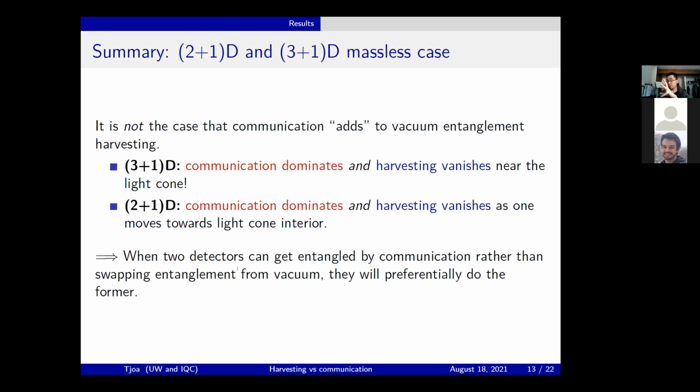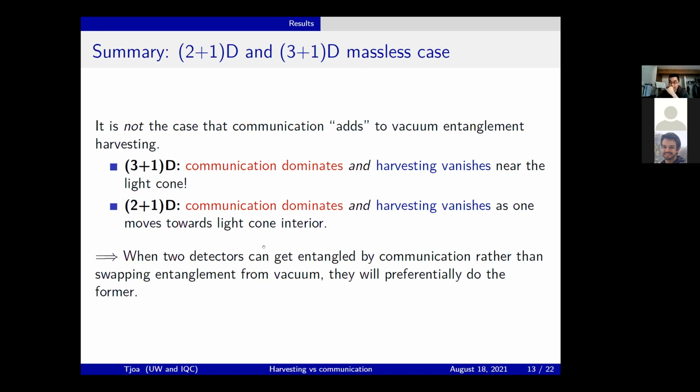So to summarize, before we move on, these two specific cases already show us that in the interesting case that we know very well, it is not the case that communication simply adds on top of the vacuum entanglement harvesting. In fact, the story is that communication dominates and harvesting will actually vanish near the light cone. So basically, when one goes up, the other one goes down. So it is not just additive.